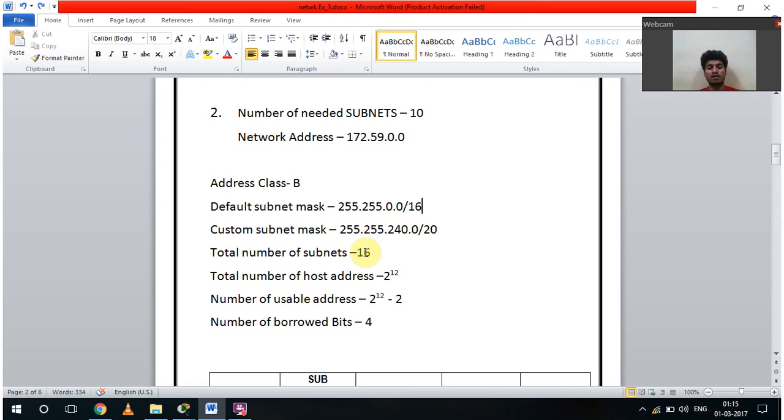So now the total number of host addresses we can determine by 2 to the power 12, as we have 32 bits, so 32 minus 20 is 12. And the number of usable addresses will be 2 to the power 12 minus 2. The minus 2 is for the subnet address and the broadcast address, which are not usable.